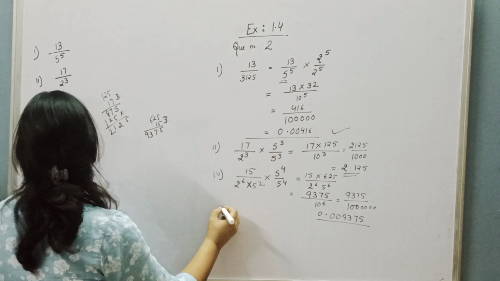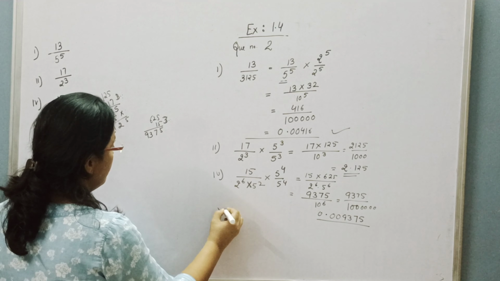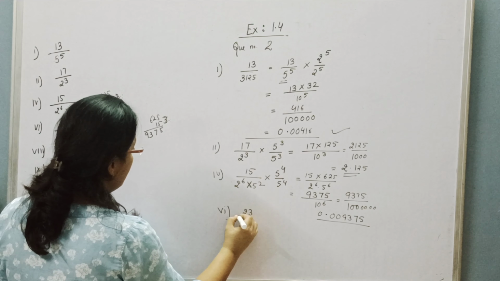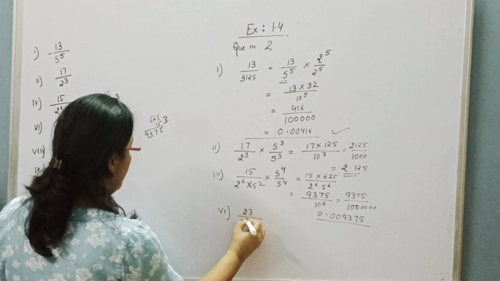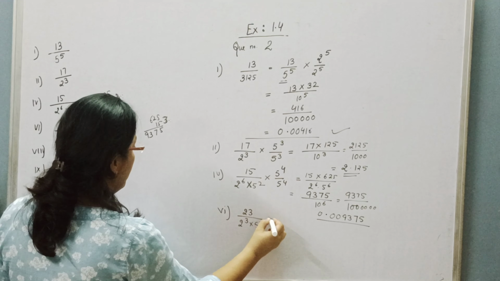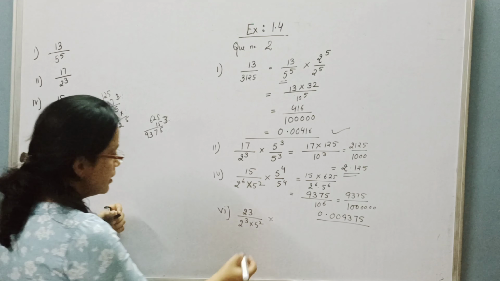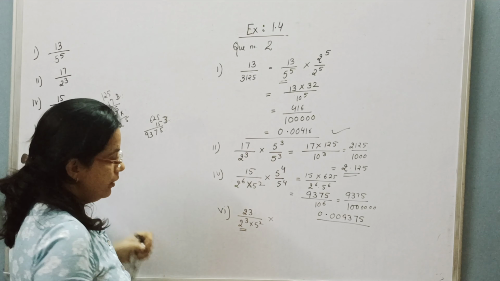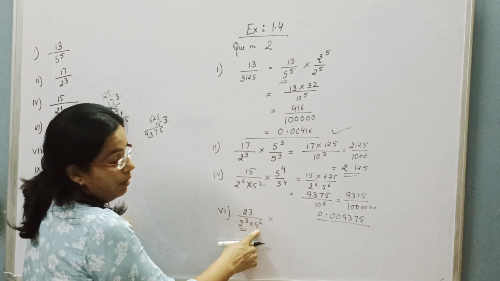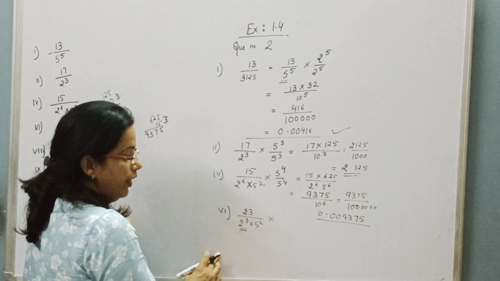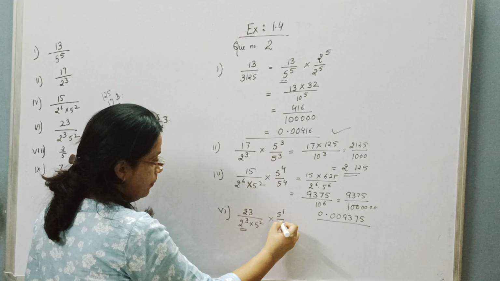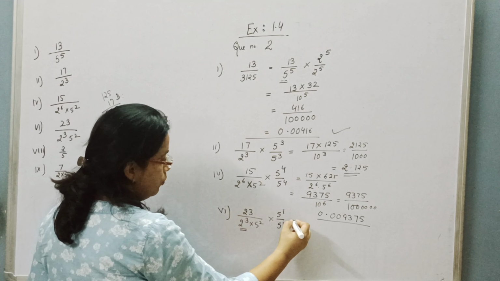Okay. Now part 5 is non-terminating. We will not do that. Part number 6 is 23 upon 2 raised to power 3, 5 raised to power 2. Now again you can see the power of 2 is 3, so we also want 3 power of 5. 2 is given, 1 is left. So multiply by 5 raised to power 1.